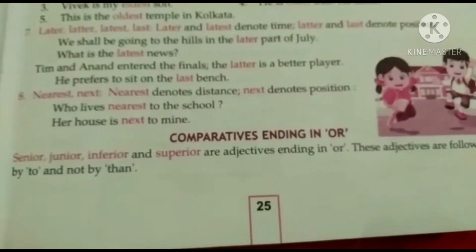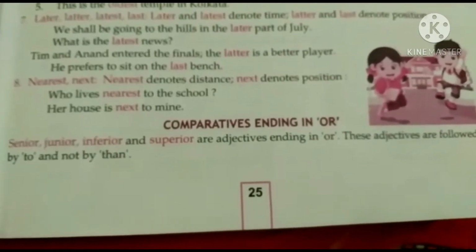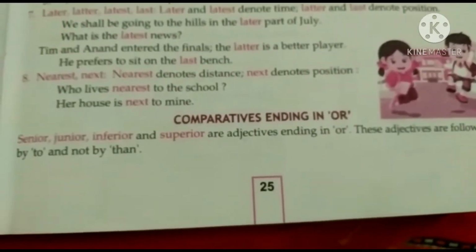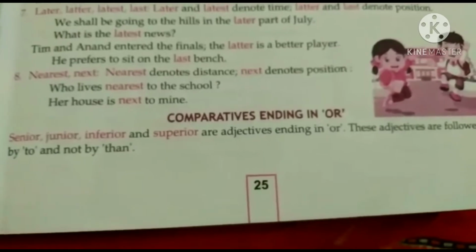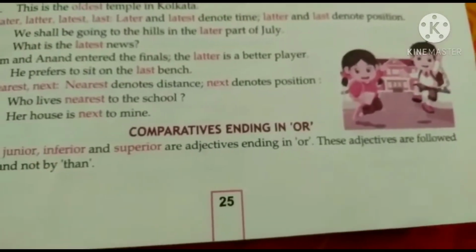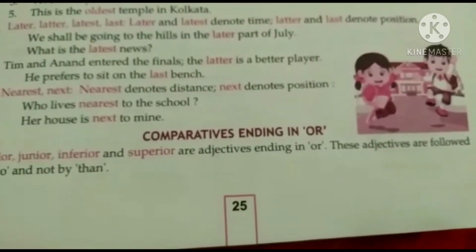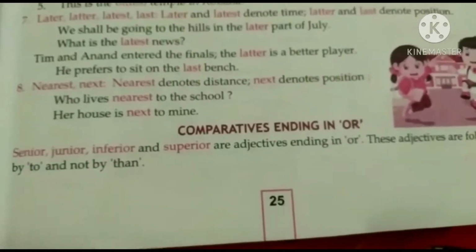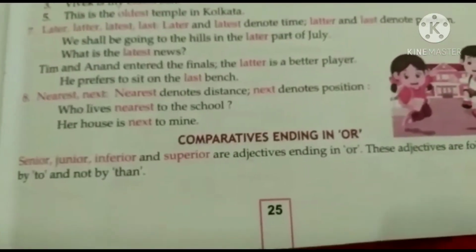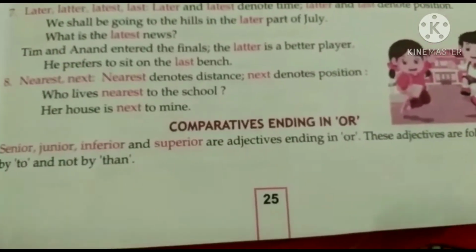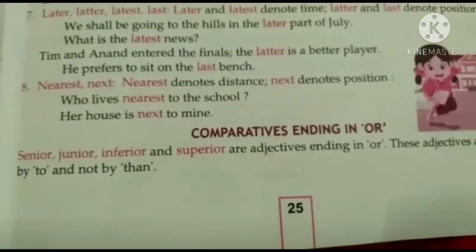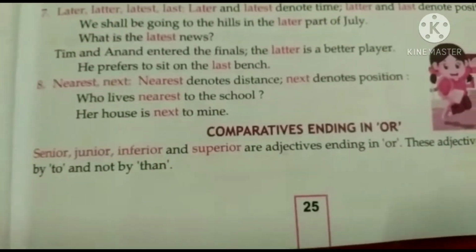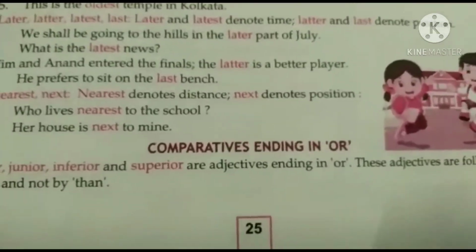Now look at this: comparatives ending in or. Like senior, junior, inferior and superior are adjectives ending in or. These adjectives are followed by to and not by than. Like senior, junior, when we compare someone, we use only to, not than. Why? We will see here.